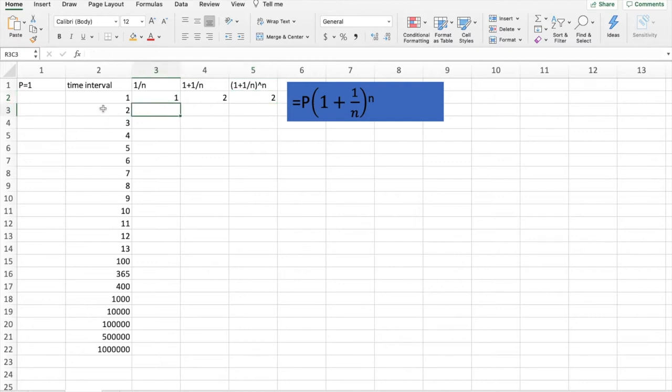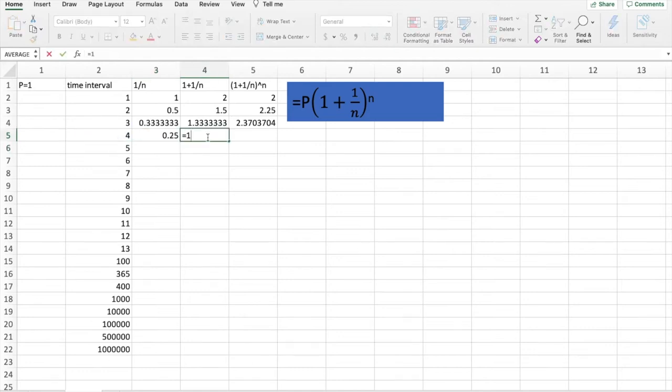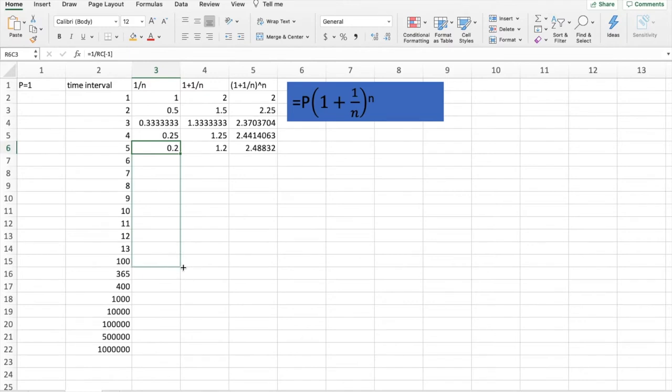So let us consider the time interval as 2, then similarly if we consider time as 3, so let us do it for 4 also. So we can extend this up to 100 also, no problem.